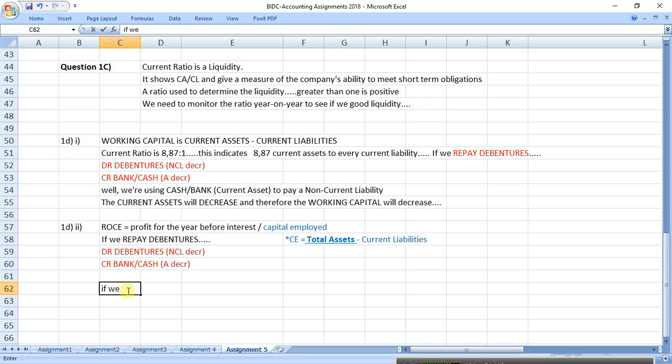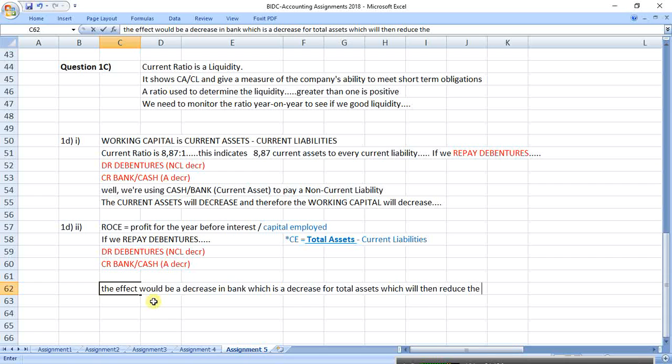If we pay debentures, okay, well, I wrote that down already. We can just say the effect would be a decrease in bank, which is a decrease for total assets, which will then reduce the capital employed.